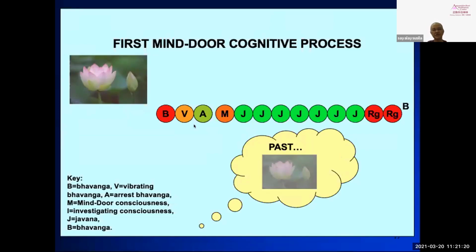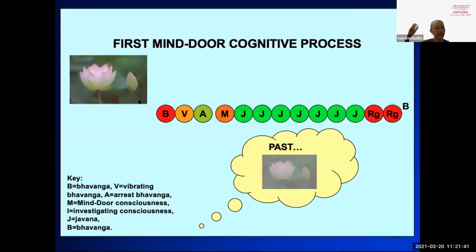So what object does he see? As I said before, that visible object, which is materiality, has ceased already. Its 17 mind moment lifespan is gone already. So that visible object is finished and no more impinges on the eye base.